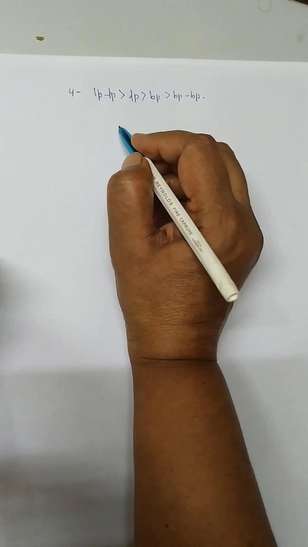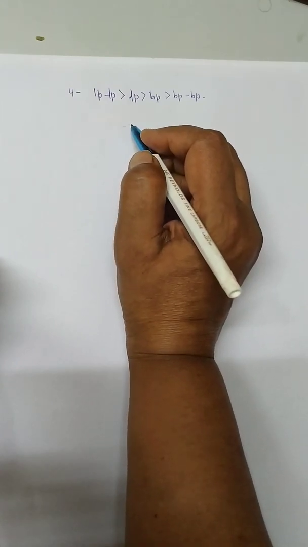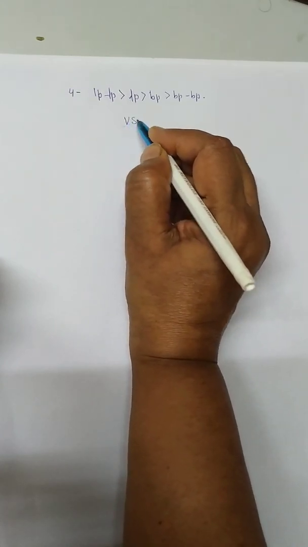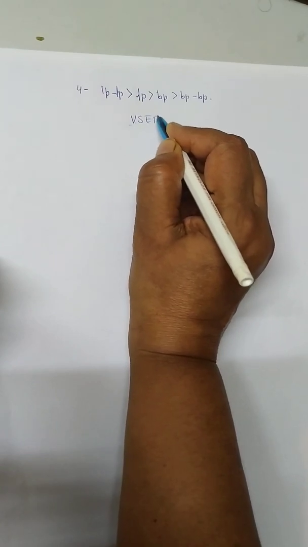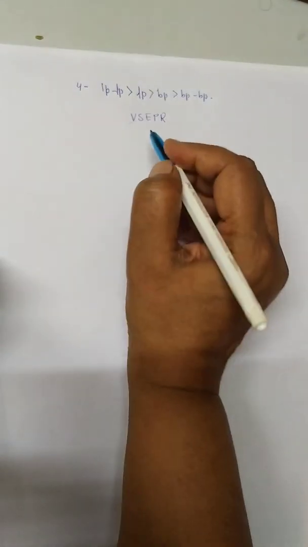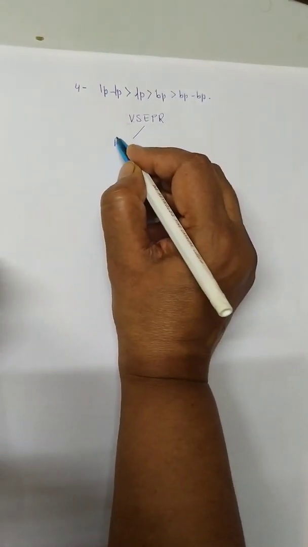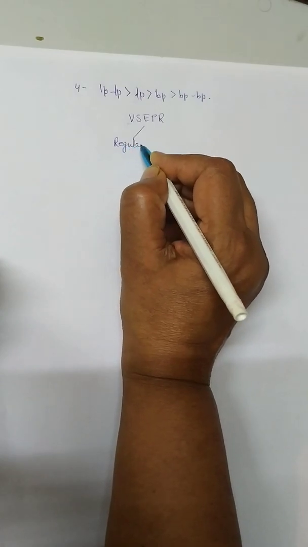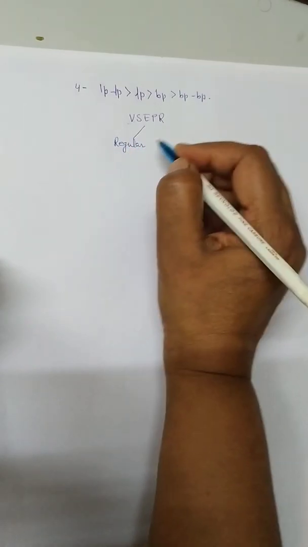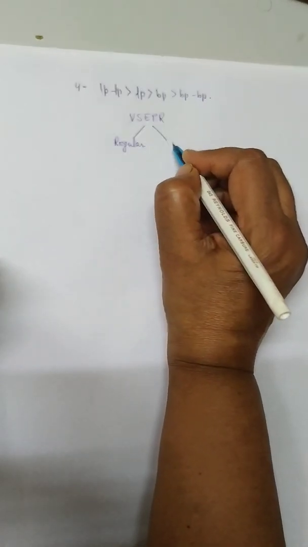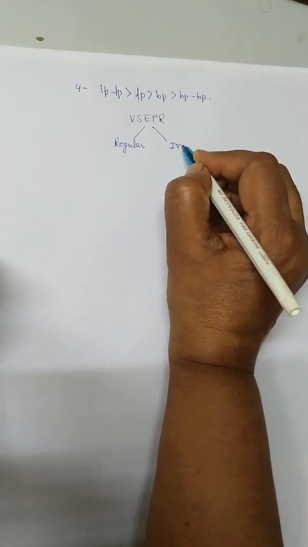According to VSEPR theory, they have two types of geometry, the regular geometry or the irregular geometry.